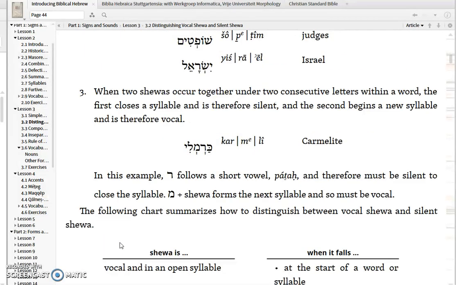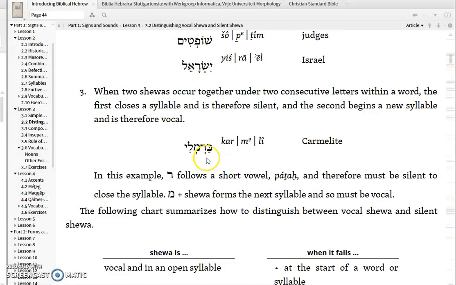Third rule. When two schwas occur together under two consecutive letters within a word, the first one will be silent and the second one will be vocal. So you have the word for Carmelite, which is Carmeli. And so here you have a schwa following a short vowel. Patah is a short vowel, so you have the patah under the kaf.